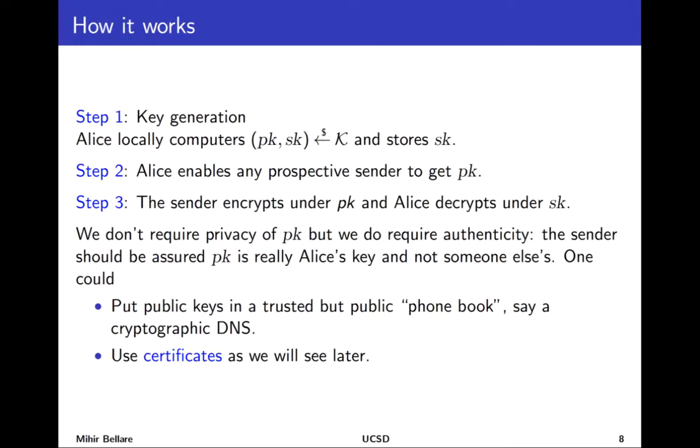We'll see later many different ways to enforce that. The most popular is certificates, but other ways could be some kind of trusted databases, like, for example, PGP does. But again, at the level of this chapter, where we're studying the encryption primitive, we're simply going to assume that this public key is properly distributed.